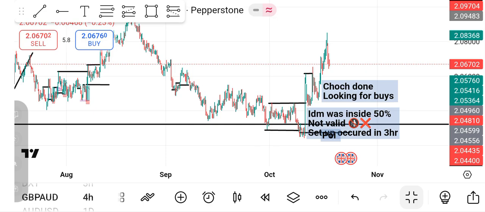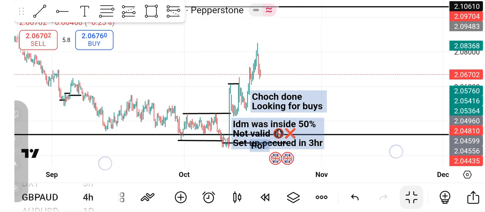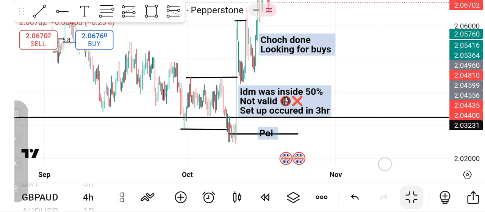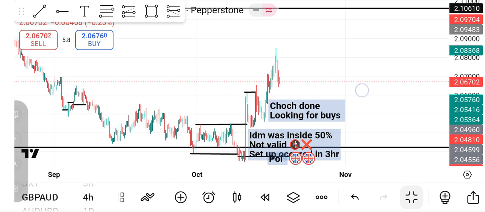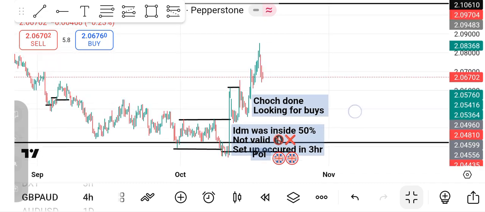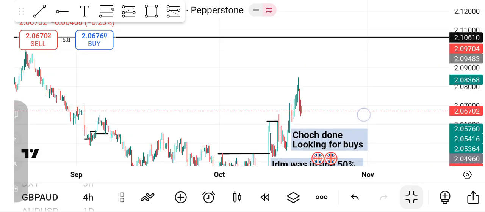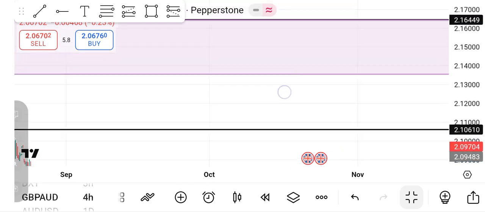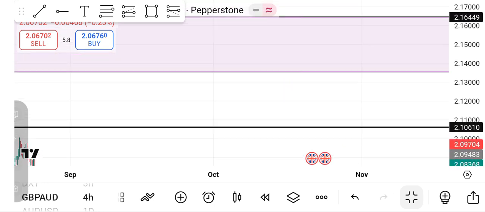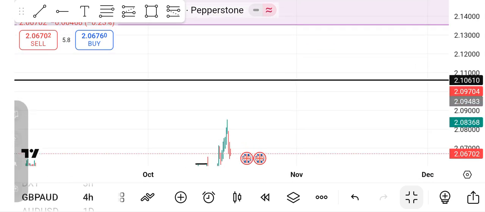Okay, now I have a setup right here which I'm still waiting out for, but GBP AUD is buy till price comes to the premium zone, touches the daily order block, then we look for any of the liquidity before we sell.